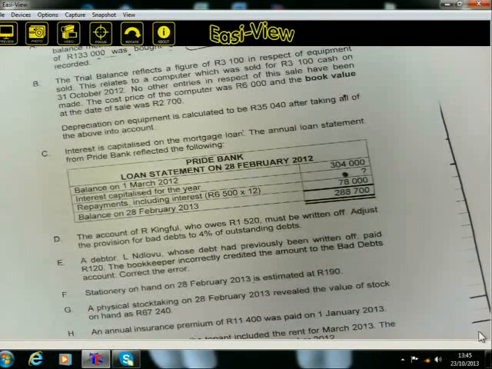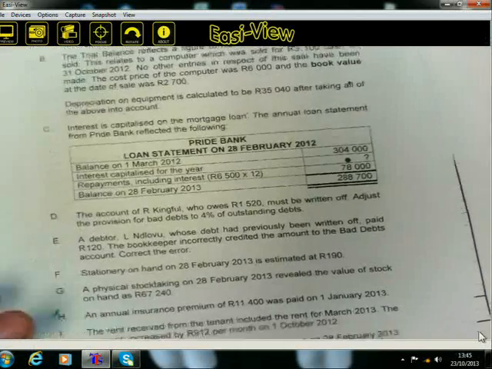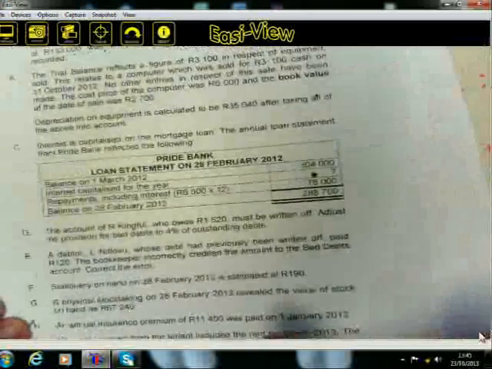We add, we're going up, we're using the opposite sign. We add 78,000. And then we subtract 304,000. Then we've got 62,700. So the 62,700 will be for the interest expense.